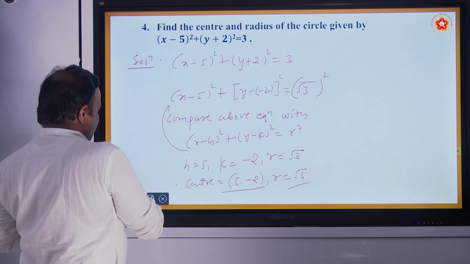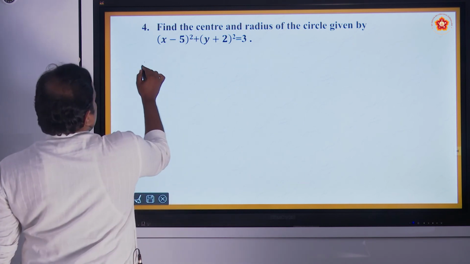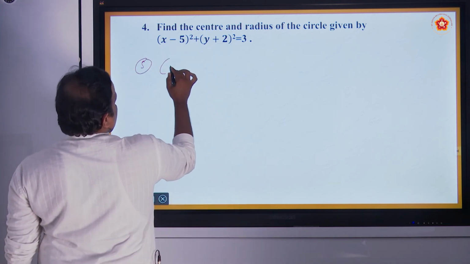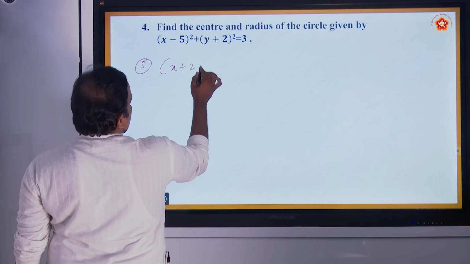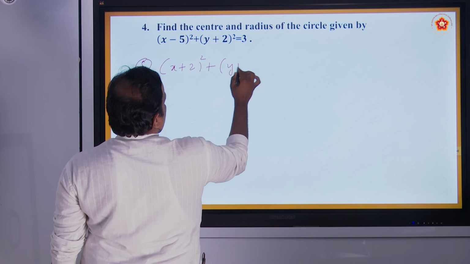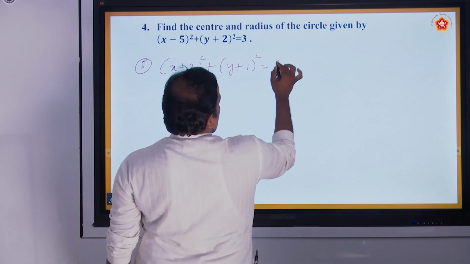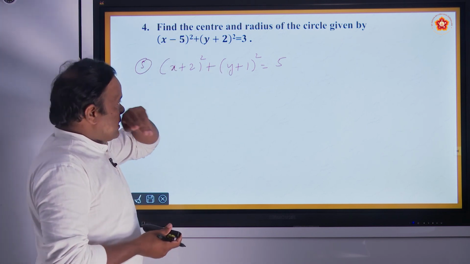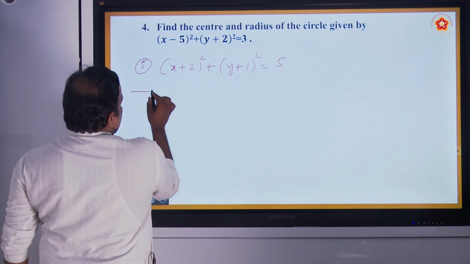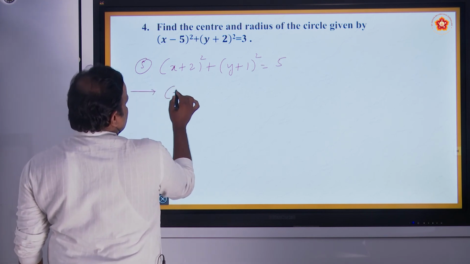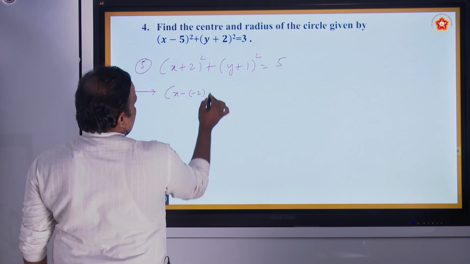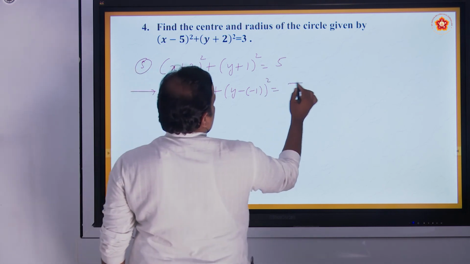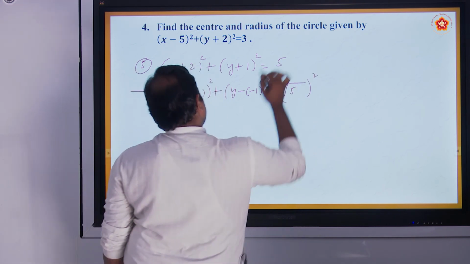Okay, I take one more example here, the fifth example. Find the center and radius of the circle. I write the circle equation here: x plus 2 whole square plus y plus 1 whole square is equal to 5. This is the standard equation of a circle, and you have to find the center and radius. This can be written as x minus of minus 2 whole square plus y minus of minus 1 whole square is equal to root 5 whole square, which is nothing but 5.